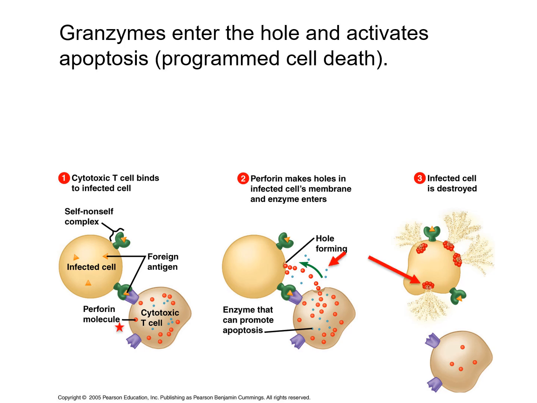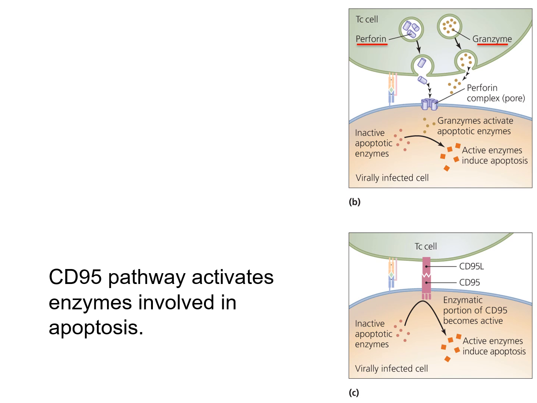Now, the blue circles, they're granzyme proteins. They're going to fall into the hole and then reprogram that cell to commit suicide, a process called apoptosis. This picture B shows the same thing. T cell with perforin dropping those barrels.